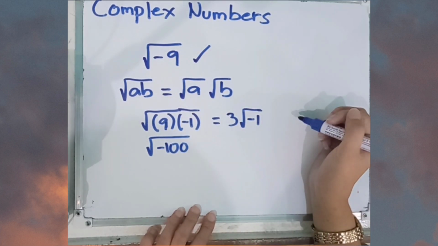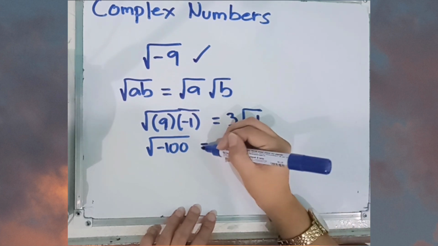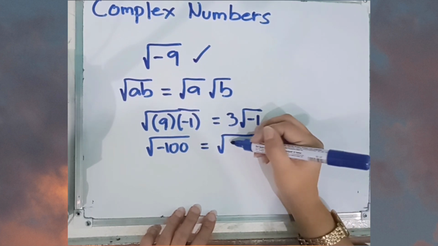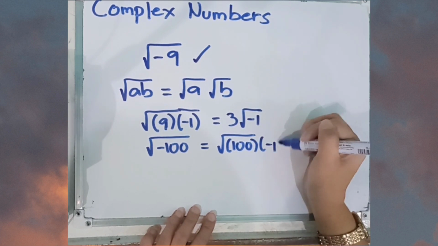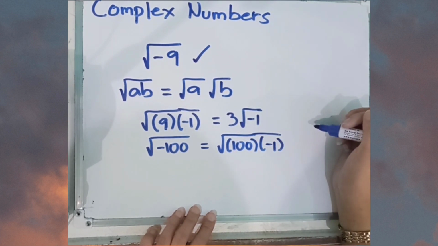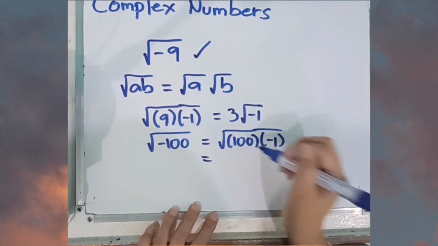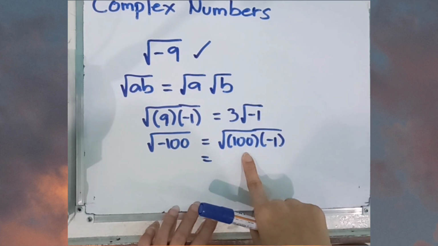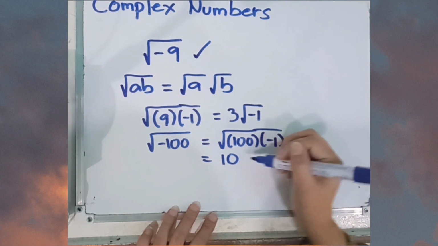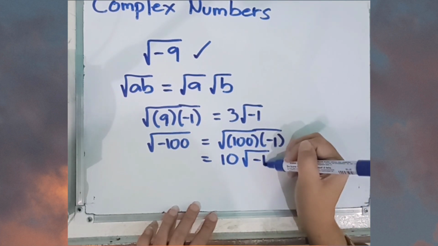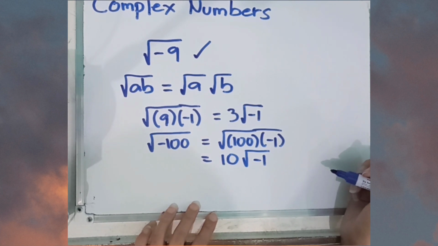How about if we have the square root of -100? Still the same thing, we can simplify that as the product of 100 times -1, right? And 100 is a perfect square, so we can extract the square root, which is 10, and again we are left with the square root of -1.